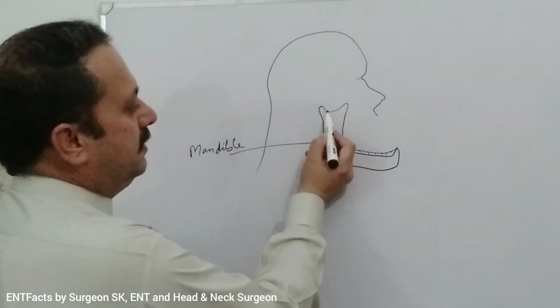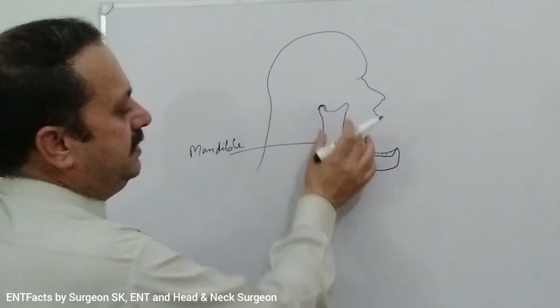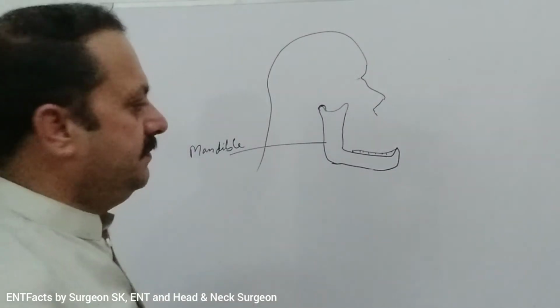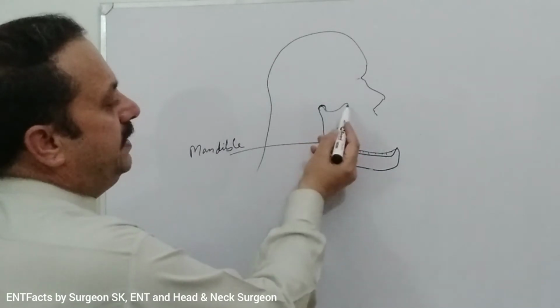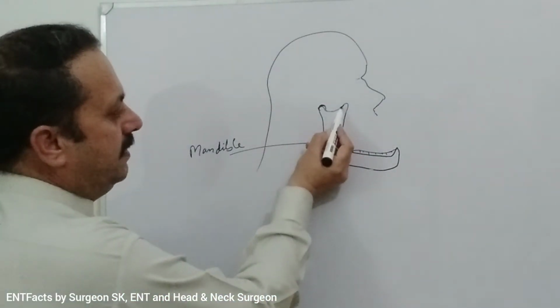It has mainly three parts: a ramus, a body, and a symphysis menti. The superior border of the ramus is notched here.